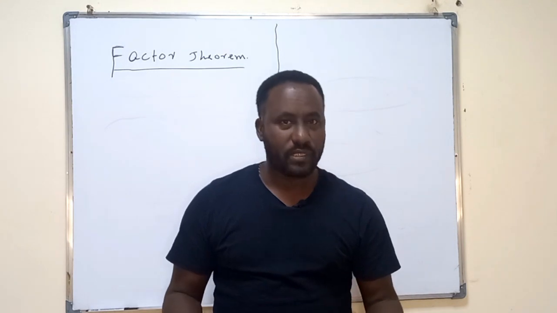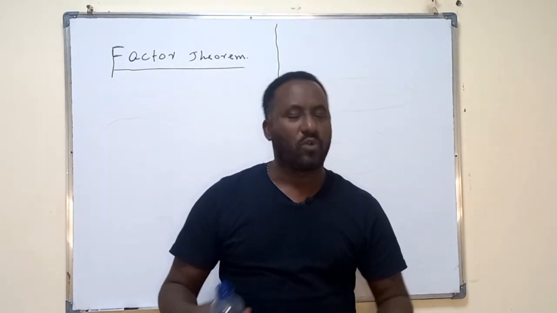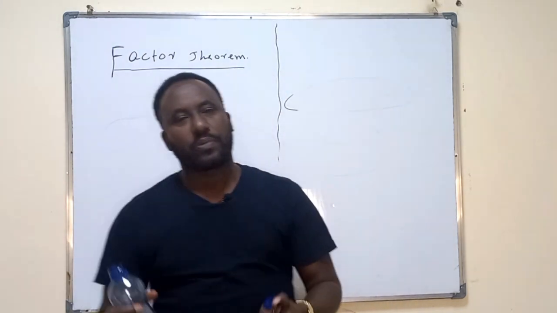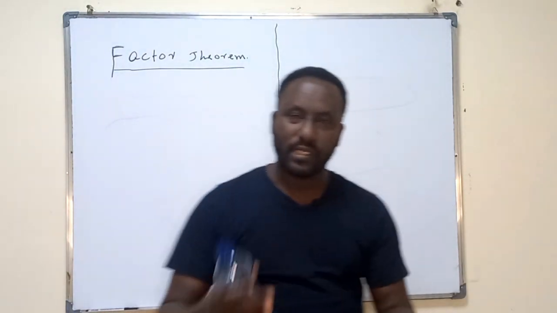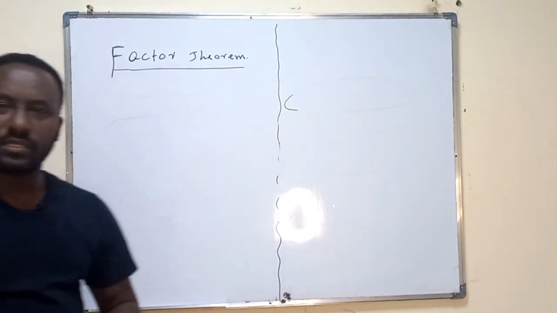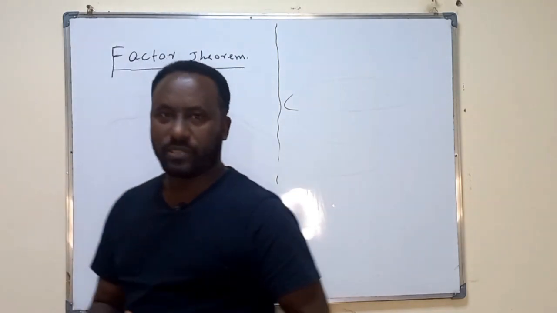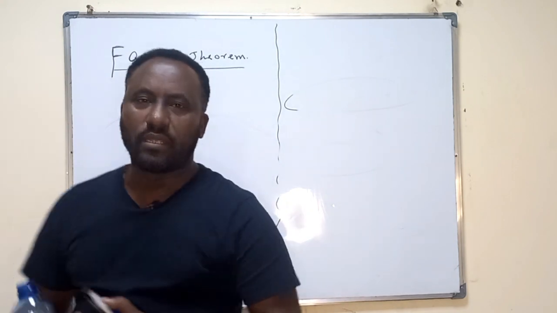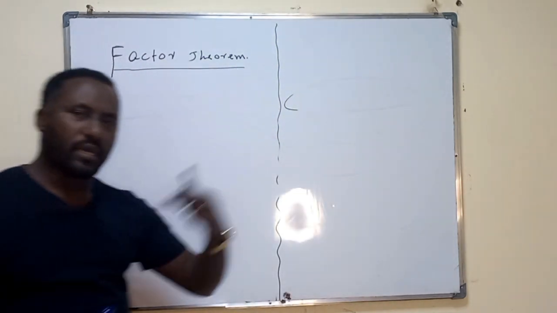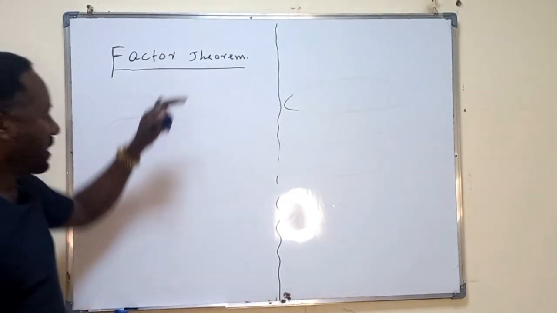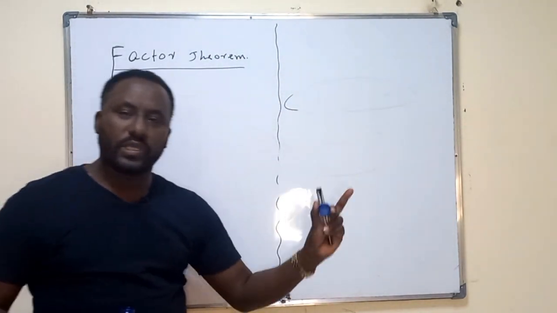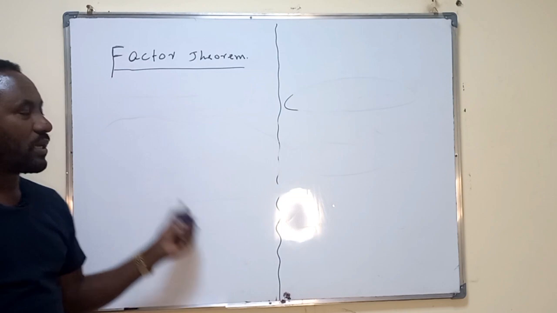With the factor theorem we can prove whether one expression is a factor of another. I'm going to show you how one expression is a factor of another. This theorem is generally about polynomials.